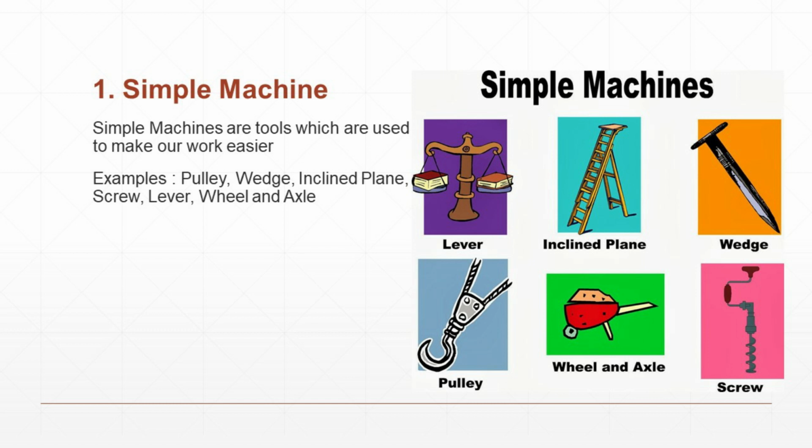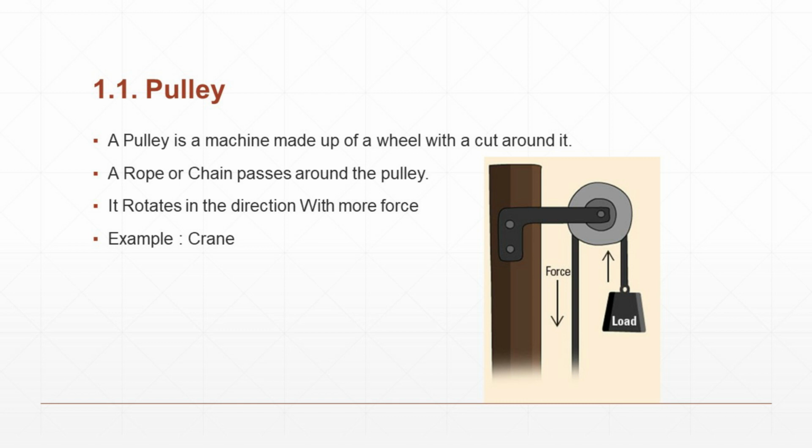Once again I'll repeat. Simple machines are tools which are used to make our work easier. Example: pulley, wedge, inclined plane, screw, lever, wheel and axle. Now let us learn one by one.